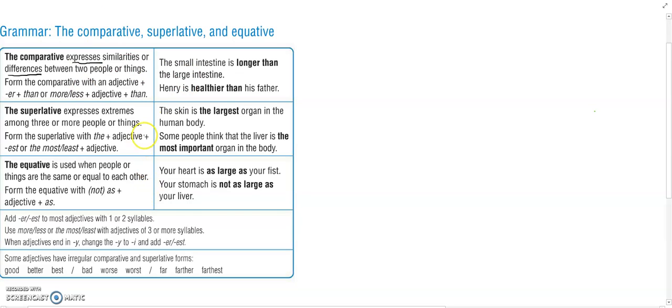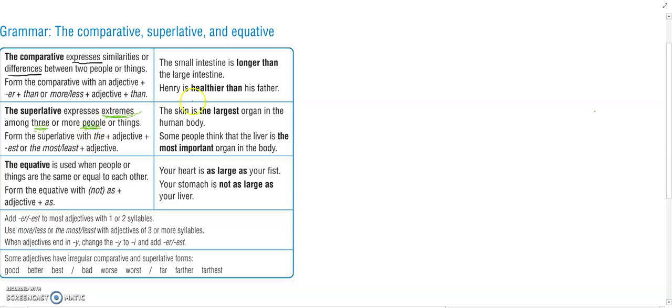In the superlatives, as you can read, it says that the superlative expresses extremes, right? So what is an extreme? Something that is on the top, something that is the worst thing or the best thing, okay? Different from the comparative, we have to talk about 3 or more people.